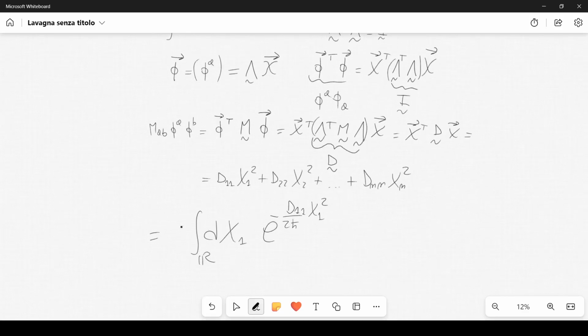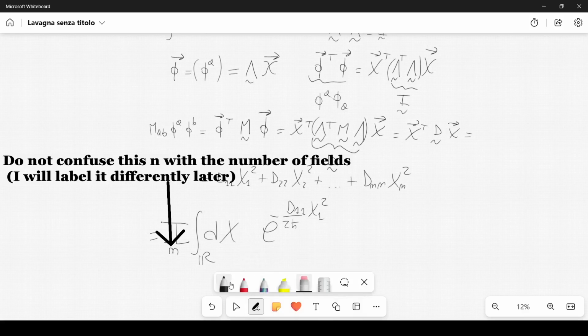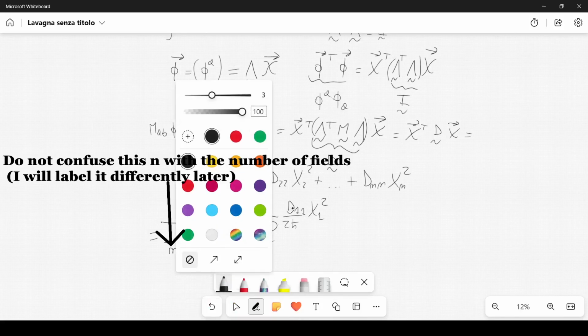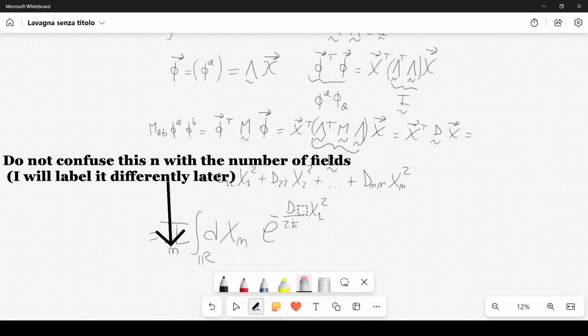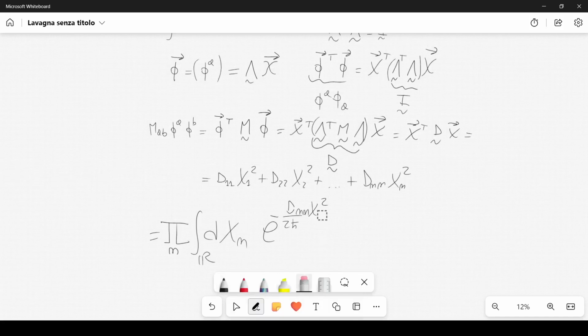You have to integrate over r. And you have products of such integrals, so you have the same integral with χ2 and so on, but they will give a very similar result, but instead of d11 you will have d22 here. So here we can simply put this product, and we can take the product over n, and instead of χ1 we have χn, instead of d11 here we have dnn, and instead of χ1 here we have χn.